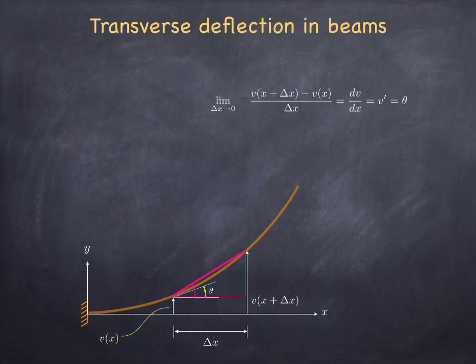It is not a coincidence that I'm labeling this angle theta, because we have seen the same angle before when we were defining the radius and the center of curvature. Remember that the angle that we have swept across a circle when we were moving from one point of the beam to another point, which was separated by a distance delta x, that angle was d theta. Well, it is the same angle as this angle theta.